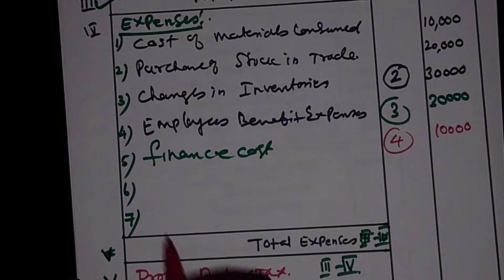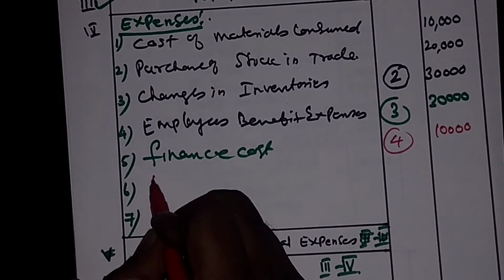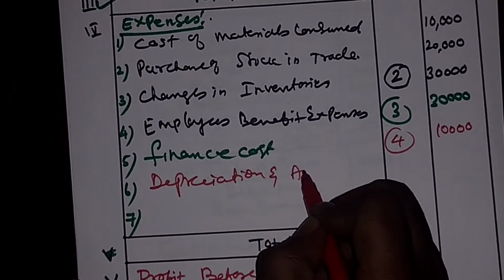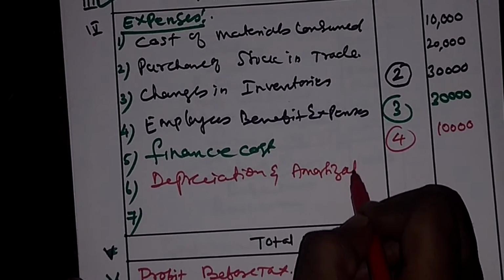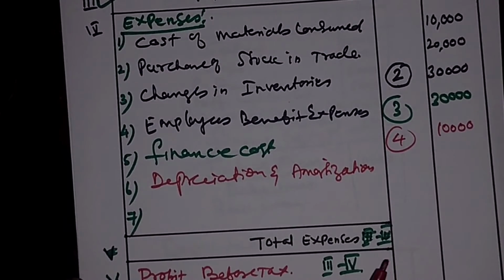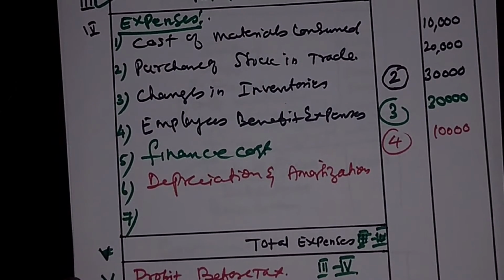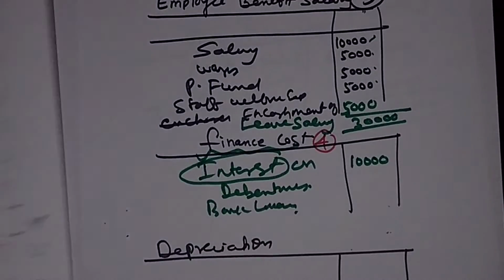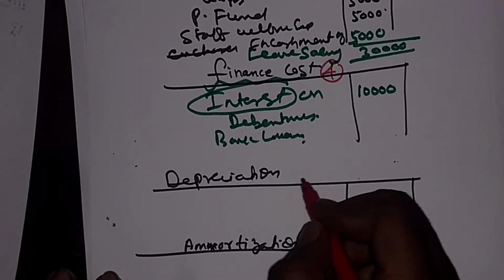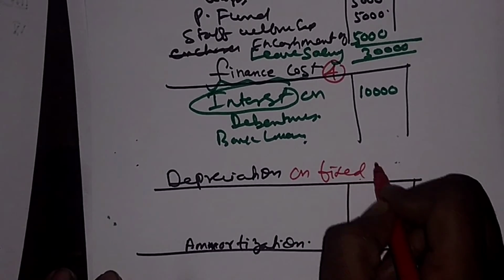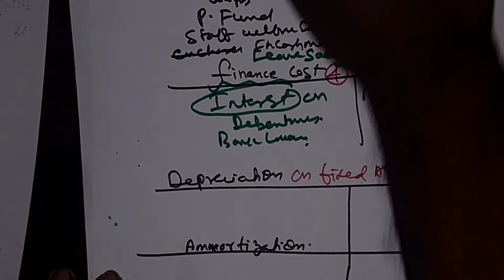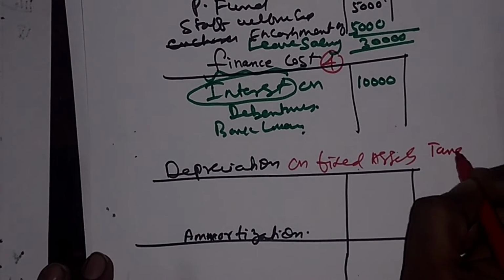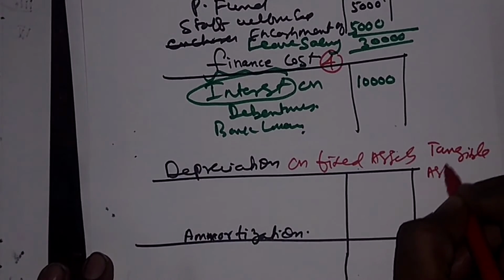And after the fifth point, the sixth point is depreciation and amortization. What is this depreciation and amortization? Once again, let us see into the working note with explanation. Depreciation will appear on fixed assets, that is tangible assets.